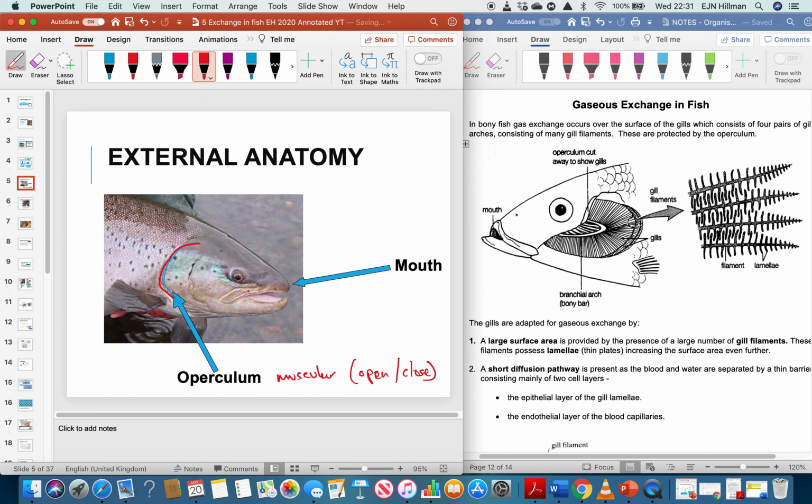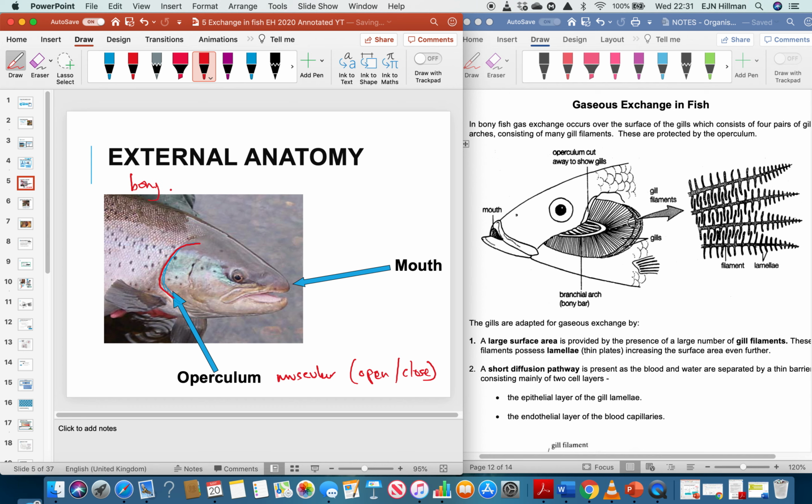Okay. Now this fish is actually a bony fish, or its proper name is a teleost. Don't need to know that, but it's interesting. Now bony fish, so these are the majority of fish that you probably think of.